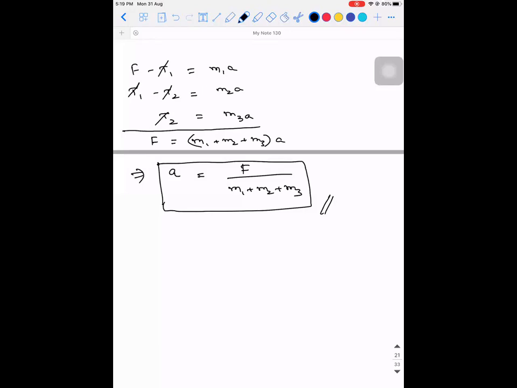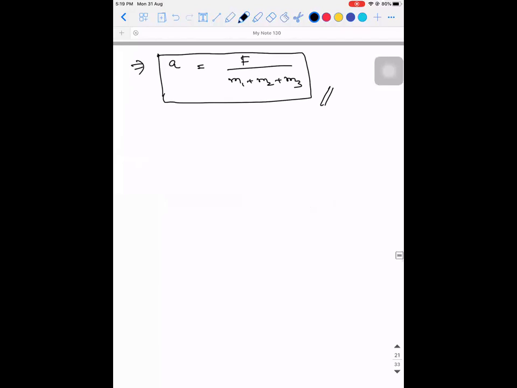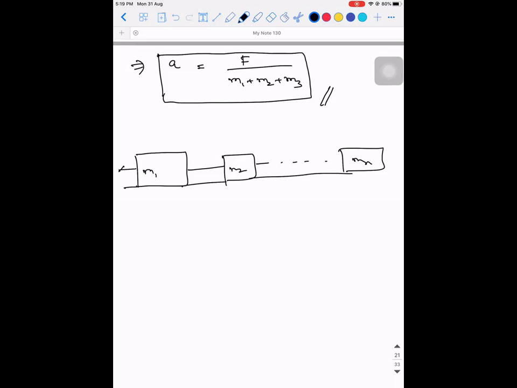Okay. So here, how many blocks were there in the system? 3 blocks, sir. Now, if I give you a question like this, M1, M2, and so on, there are n blocks connected together, and I have applied a sufficient pulling force to move all the objects.